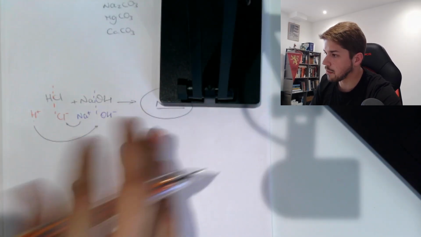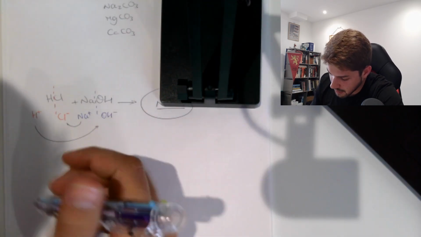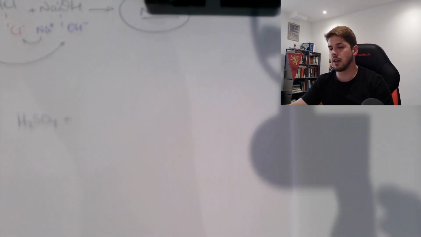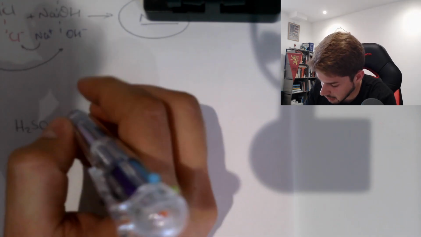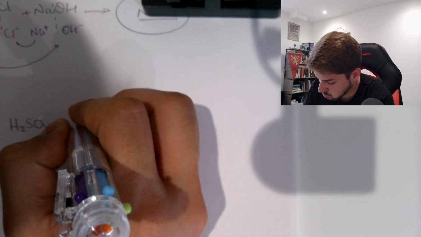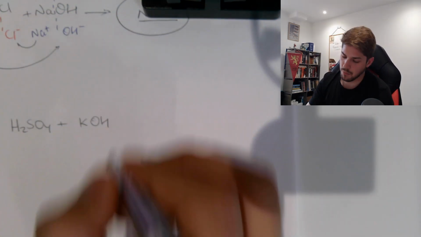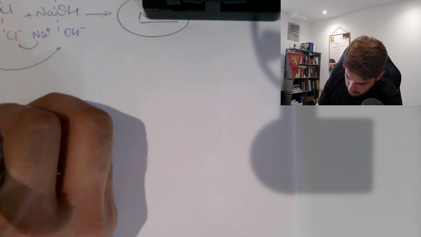Anyway, I use that example because it is the most common, but there are more. I could use another acid, which is very used in chemistry, sulfuric acid, H2SO4, plus a strong alkali or strong base, which could be potassium hydroxide. And as I did earlier, I separate the ions.